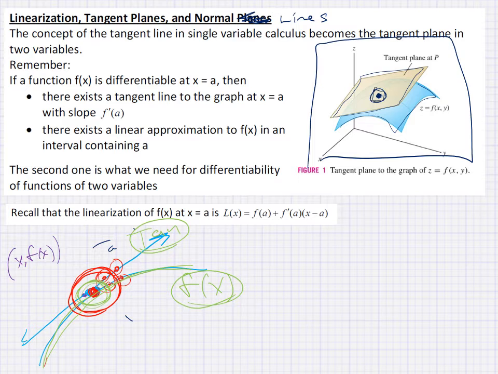So where's the benefit here? Well, the benefit is that if this function is fairly complicated over its entire domain, but I only need to work with that function in this little location here, then I can replace it with just this linear function, this line, and I can get generally the same or similar values in my calculations than if I worked with a fairly complicated function. And we do this all the time.